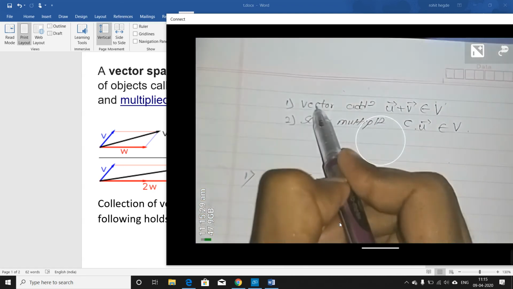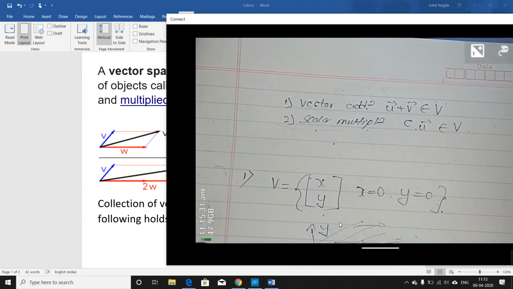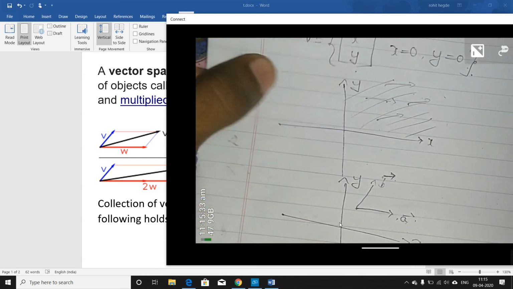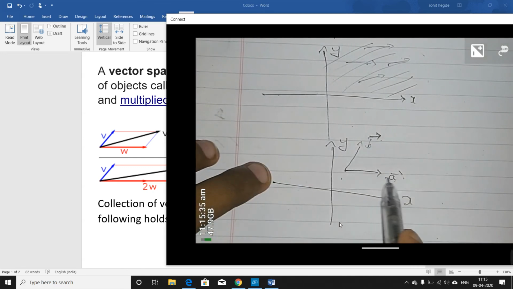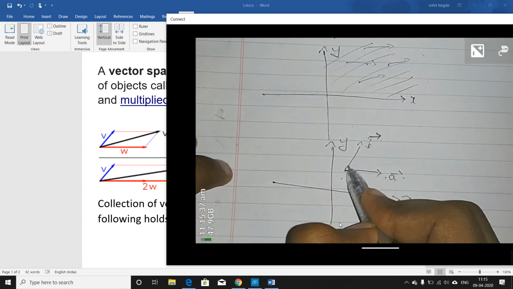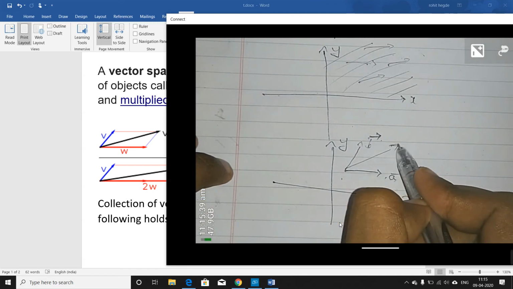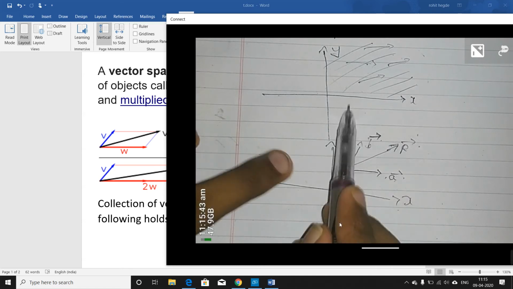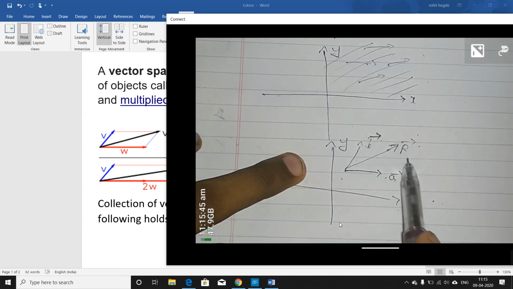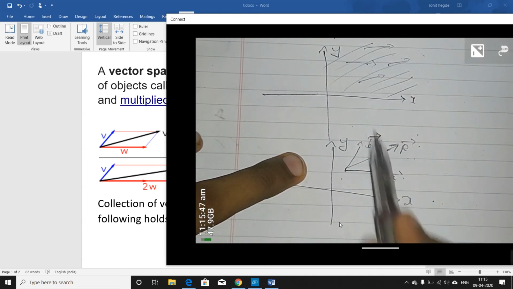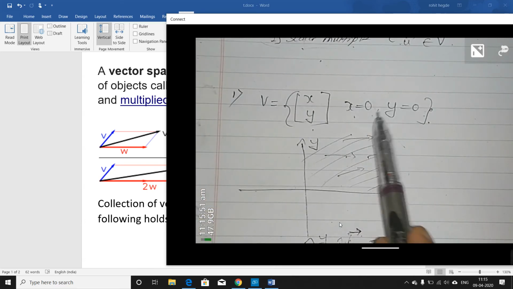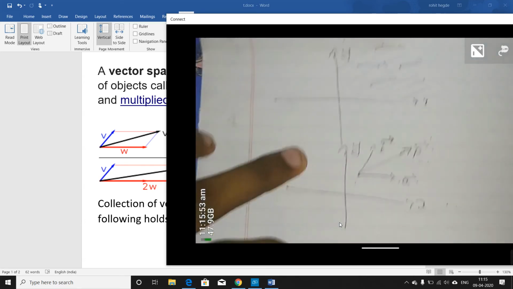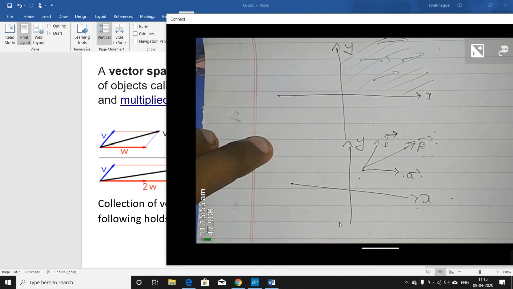Remember: vector addition and scalar multiplication. Here I check vector addition: a plus b gives me this resultant vector r. It belongs to the first quadrant, so r also satisfies the condition. One axiom satisfied.